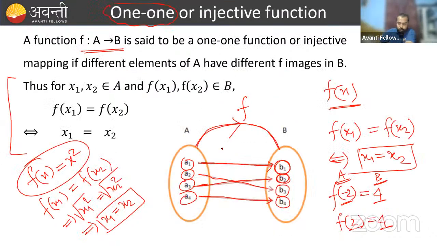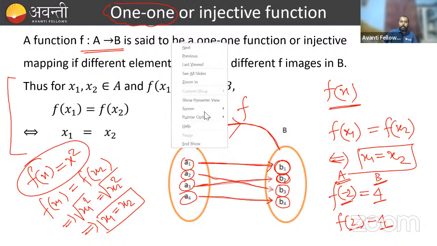Now, another method also I am explaining here. Let's see. Horizontal line test.